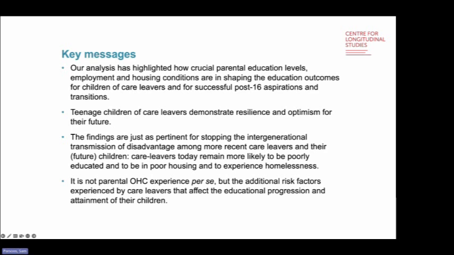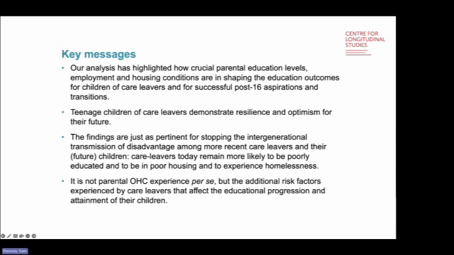So again, key messages. Our analysis here has highlighted how crucial parental education levels, employment and housing conditions are in shaping the education outcomes for children of care leavers and for successful post-16 aspirations and transitions. We have seen the optimism and resilience they have for their future.